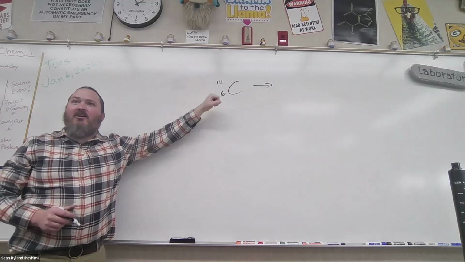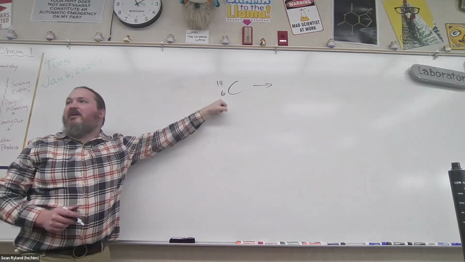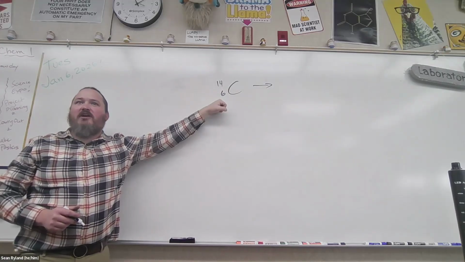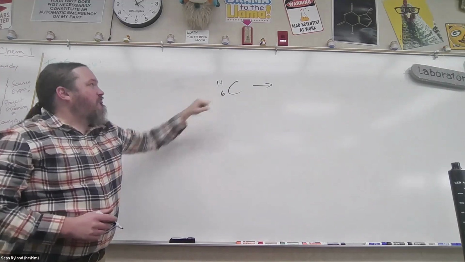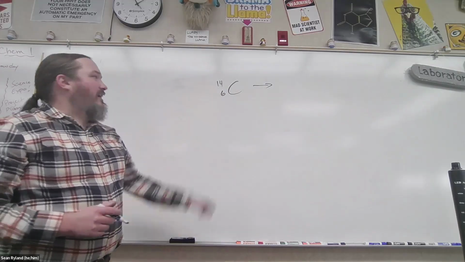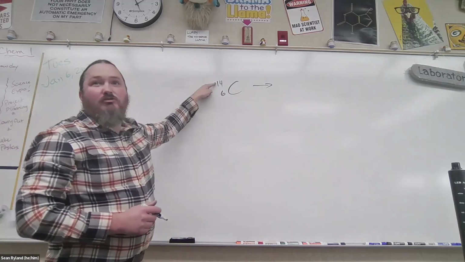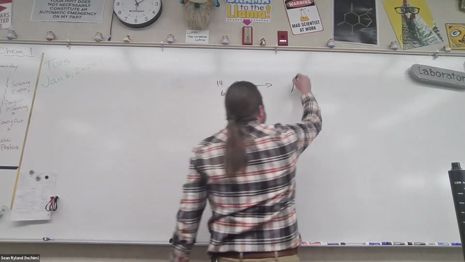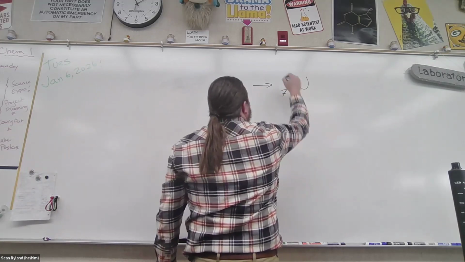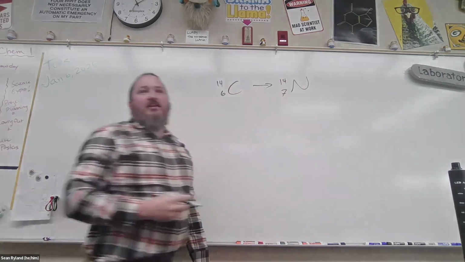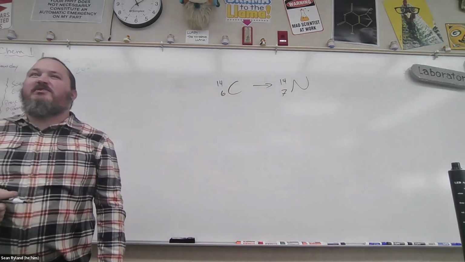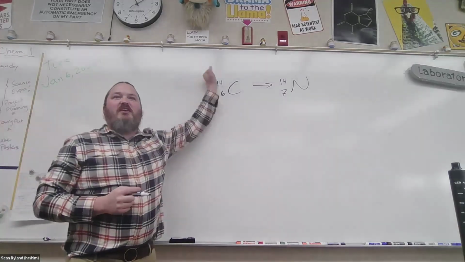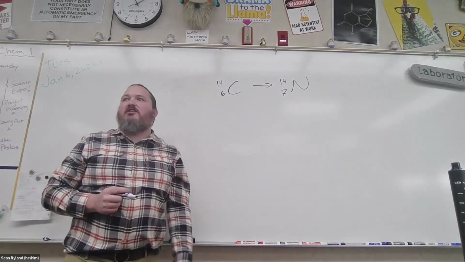Because our elements are defined by how many protons are in the nucleus. So if we add an extra proton by converting one neutron into a proton, we get nitrogen. It still weighs 14, still has a mass number of 14, because we still have the same number of pieces. We just took one of the neutrons and turned it into a proton.